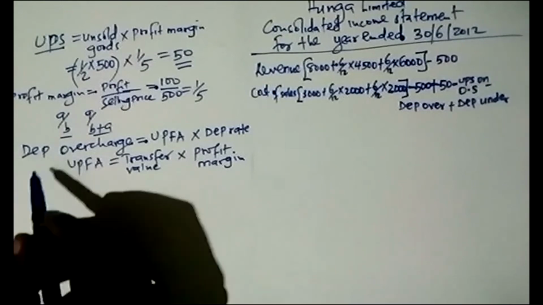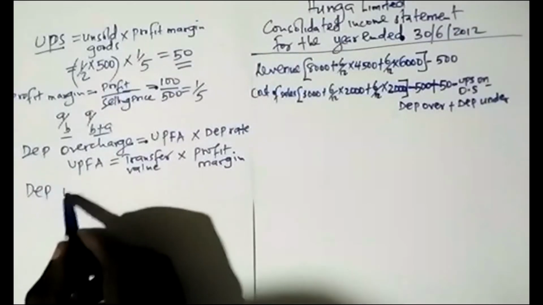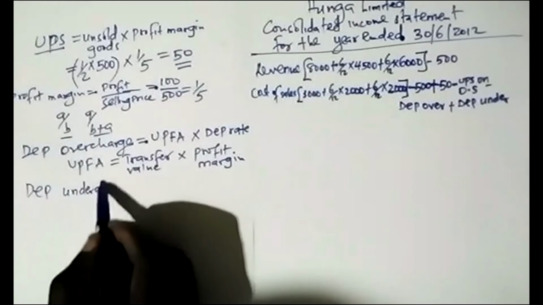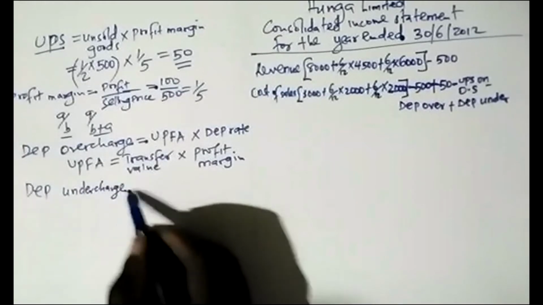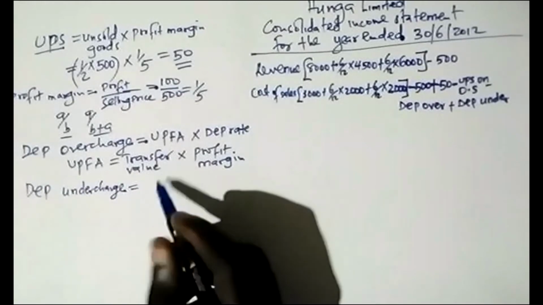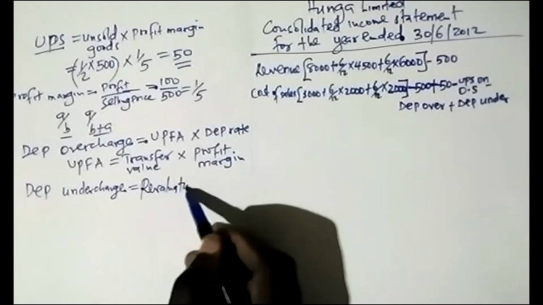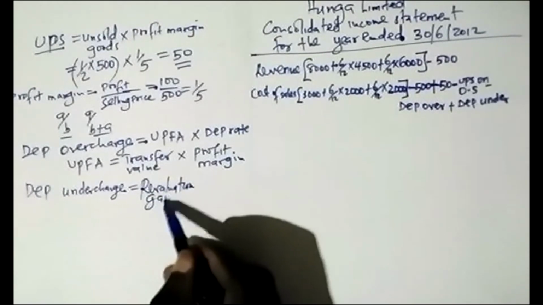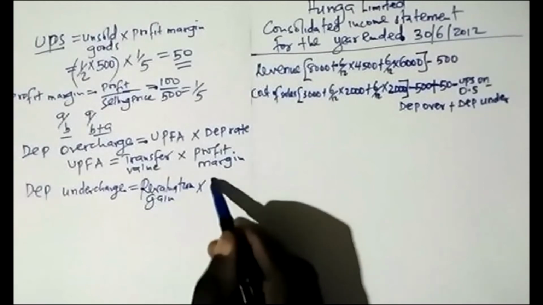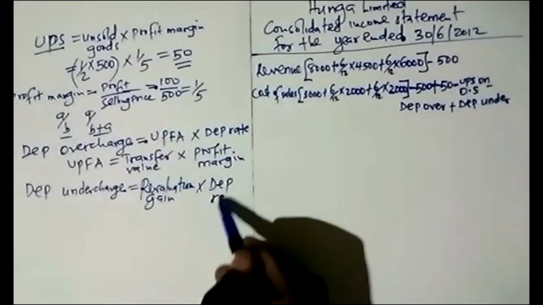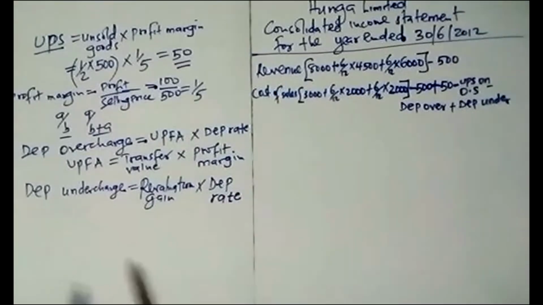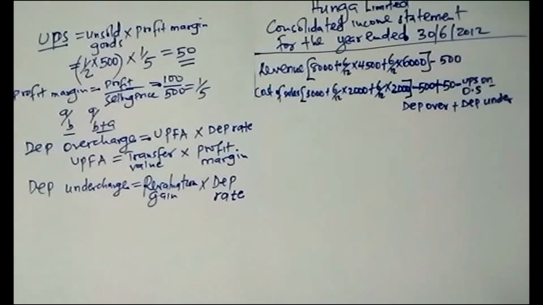Then for the depreciation undercharge, it's all about revaluation gain times the depreciation rate. But if you have a remaining useful life, you take the revaluation gain and divide it by the remaining useful life.